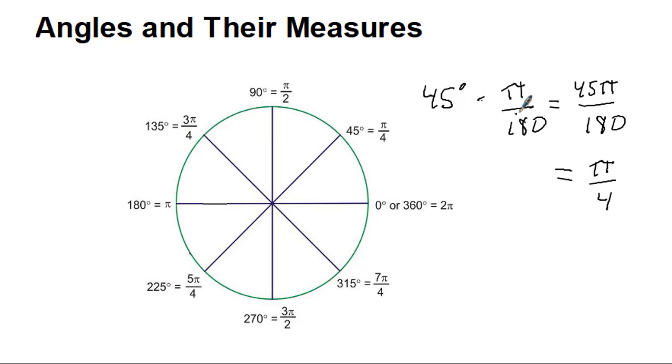As you can see, we can use this proportion to find our radians when we have degrees. Or if we want to do it upside down, for example, let's say we want to have 135, but what we have is 3 pi divided by 4. Then what is going to be my conversion? I just need to multiply times 180 and divide by pi.